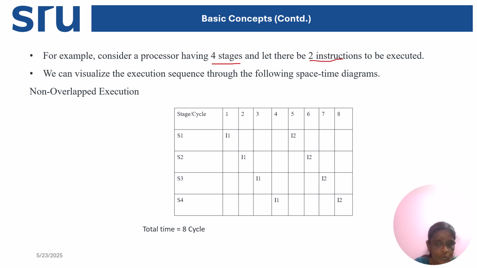Only two instructions are taken in this example to understand easily and not make it complex. In the first case, without overlapping. To save time, we have to overlap the stages, because each instruction has four stages.